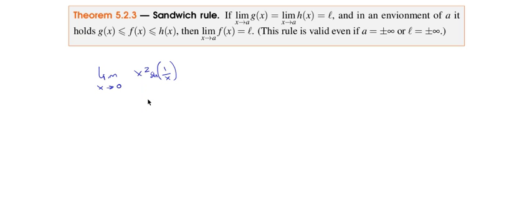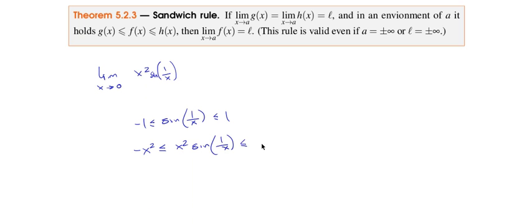It is the function that we've seen in the exercise: it oscillates a lot, and it gets more and more oscillating when you get to 0. But we know that the sine of 1 over x is always going to be bounded between minus 1 and 1, so if we multiply these inequalities by x squared, we have this.